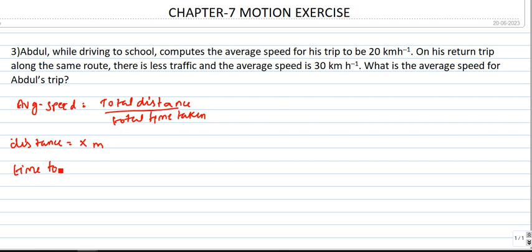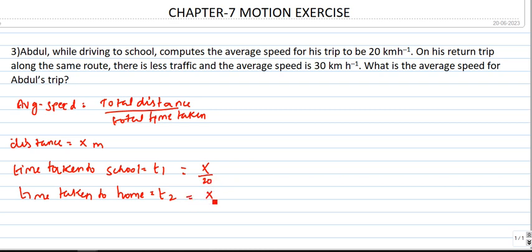So now the time taken to reach school, let it be t1. So time taken to reach home, let this be t2. So this t1 will be equal to the distance x by the speed, which is 20 km per hour. t2 will be x by 30.